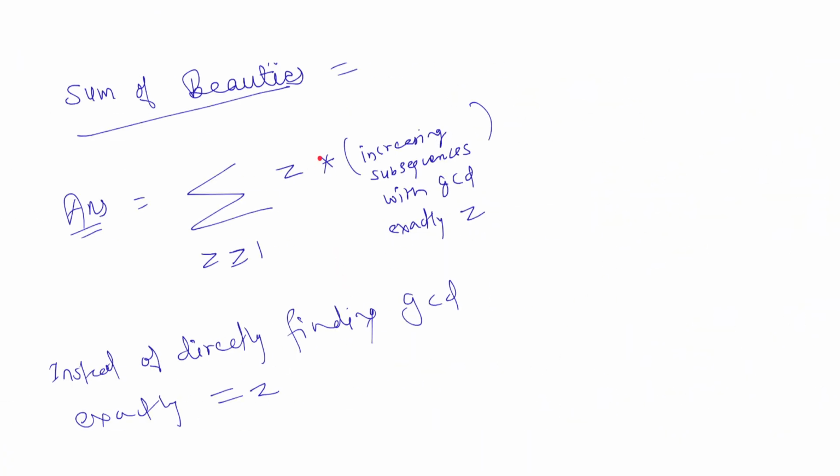What the question is saying is that we have to find the GCD based on some given things. Let's talk about the sum of beauties first. To find the sum of beauties, we need to find the GCD.